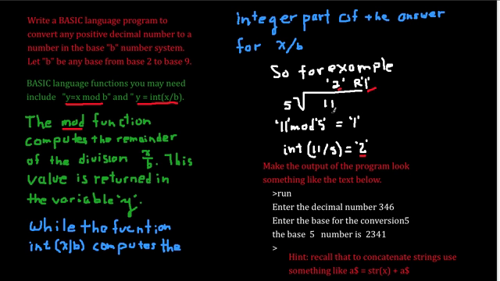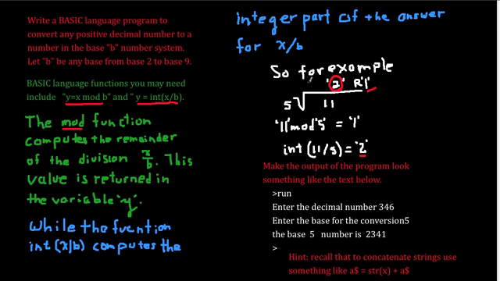So you see, one function gives you the remainder of the division, and the other function gives you what is frequently called the quotient of the division. I don't want to get too much into technical number theory terms, but these are the two functions that we need.